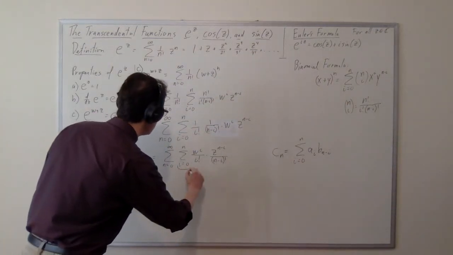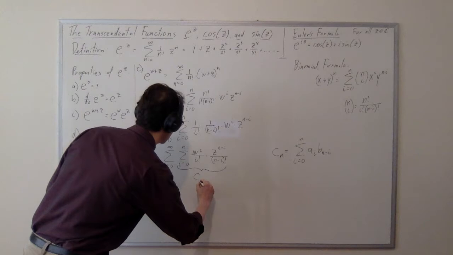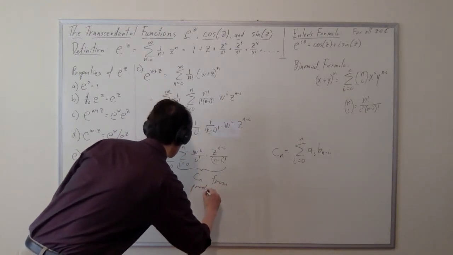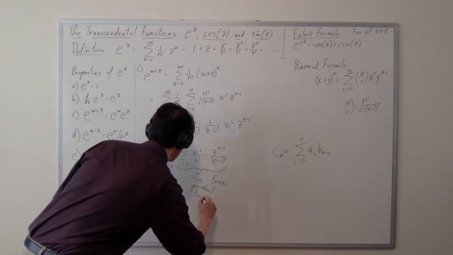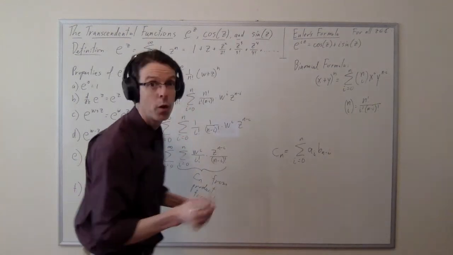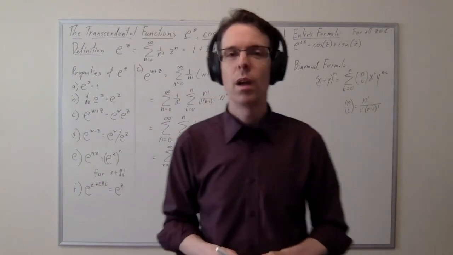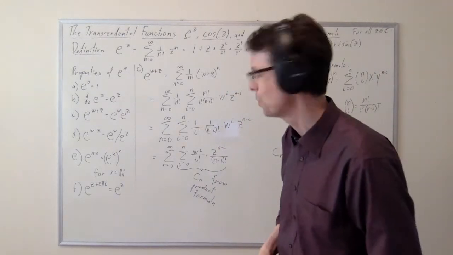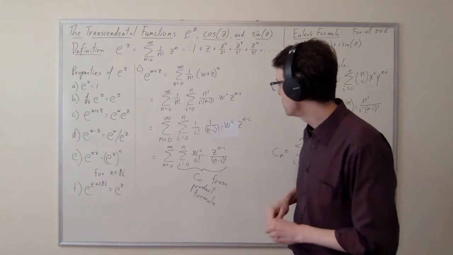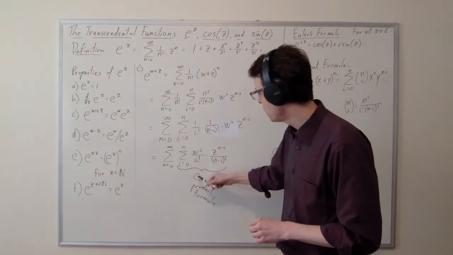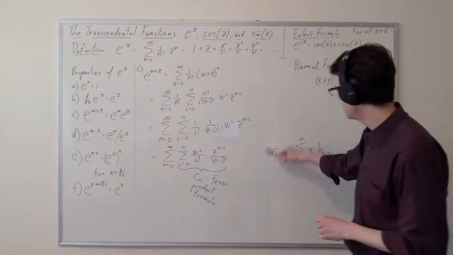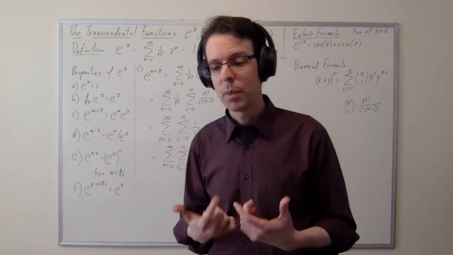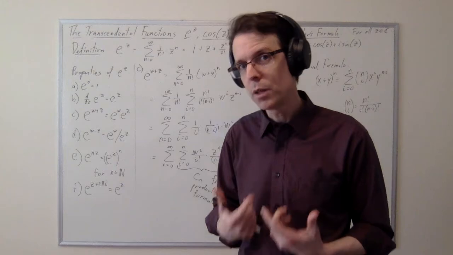This is the Cn from the product formula. And that's why we have a whole 42-minute video that basically does nothing but establish that product formula for two power series. Well, that's one of the reasons. So that Cn from the product formula takes this form. If you want to take the product of two power series, then that formula tells you how to do that.